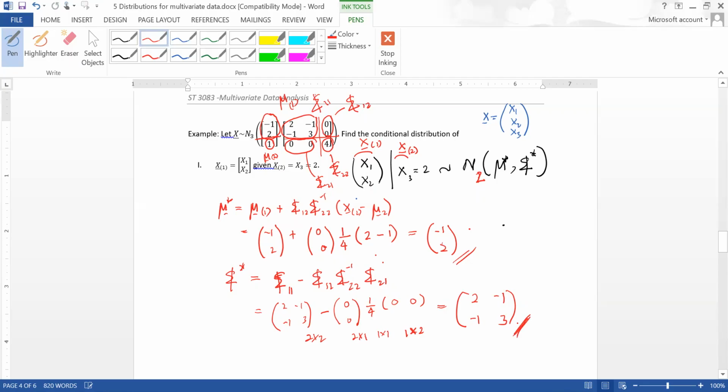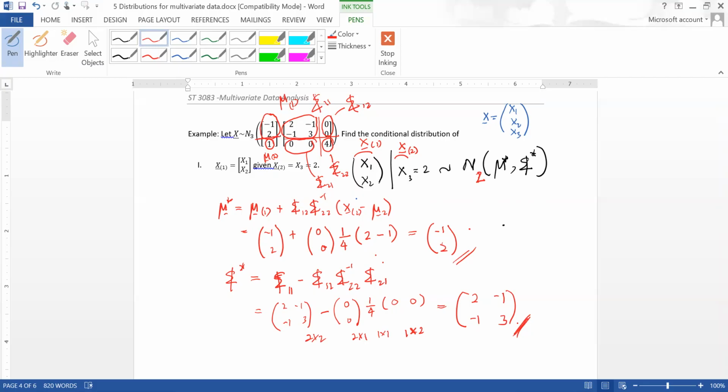So this conditional distribution is a bivariate one with negative 1, 2, that's the mean vector, and variance-covariance matrix 2, minus 1, minus 1, 3. Any question here? That's the conditional distribution.